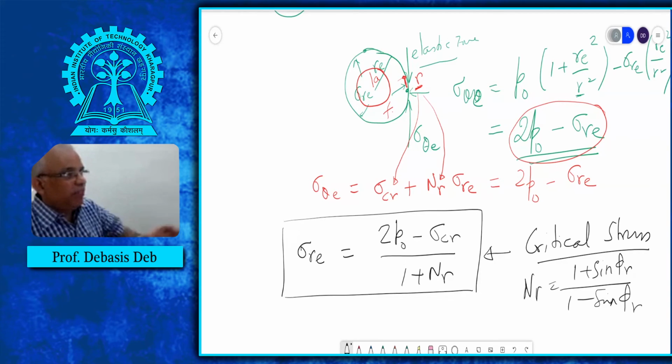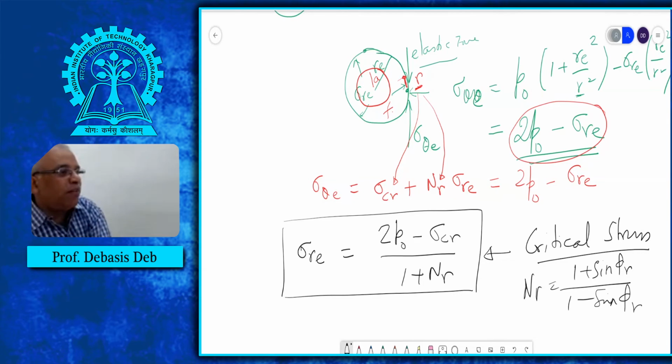And if the same rock continues or exists in the field also, we can directly use that value. P naught is the applied stress, or the in situ stress, and sigma CR is 2 CR cos phi r by 1 minus sine phi r. So everything is known in the right hand side.